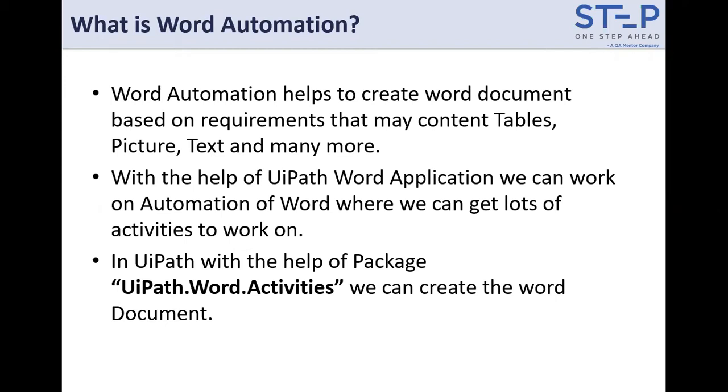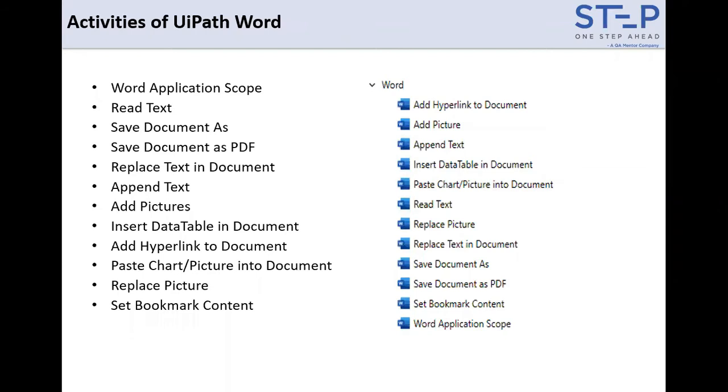Here are some of the activities I have listed. Word Application Scope: just like in Excel we have the Excel Application Scope, in the same way we use Word Application Scope for the Word application. The next is Read Text, so we can read the entire text present in the Word document. We can save the document in different Word formats like doc, docx and four to five formats.